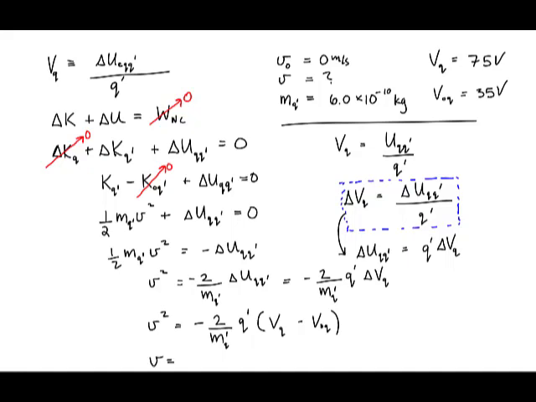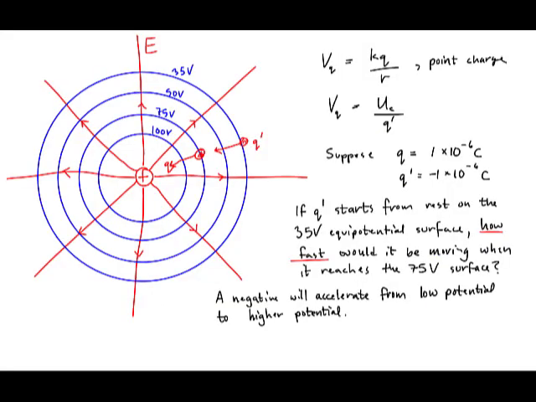The speed is equal to minus 2 over the mass of our charge times our charge Q prime times the difference in electric potential between the 2 points. This is all under the square root. Let's plug in numbers for this. This is minus 2. The mass of charge Q prime is 6.0 times 10 to the minus 10 kilograms. The magnitude of the charge for Q prime, let's look at what we said for that.